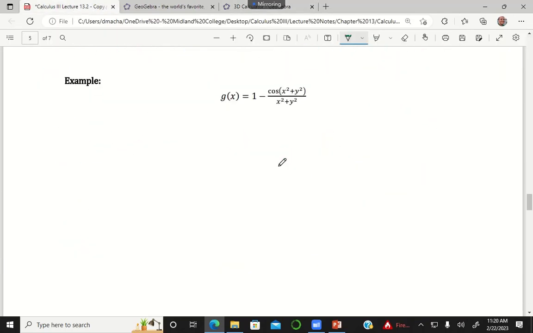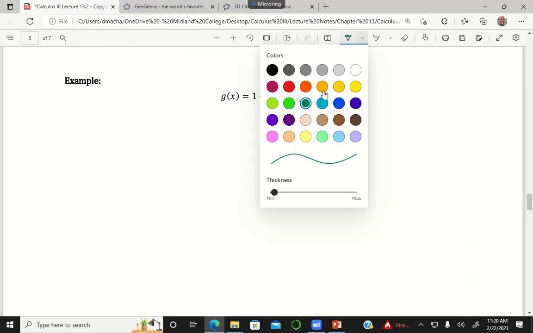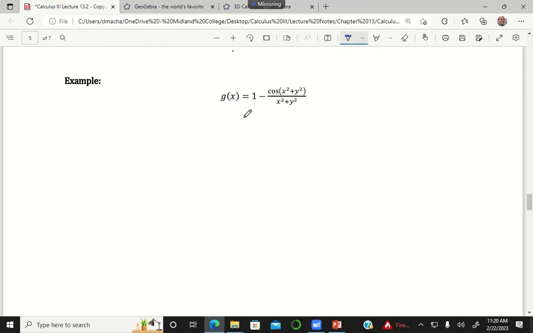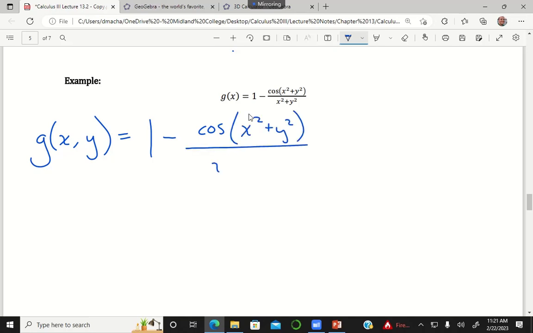In any case, that was a pretty chaotic example. Let's do another one. I've got lots more examples today. That's a little bit small, so I'll rewrite it. I have the function g of x and y, a two-variable function, equal to 1 minus cosine of x squared plus y squared, divided by x squared plus y squared.